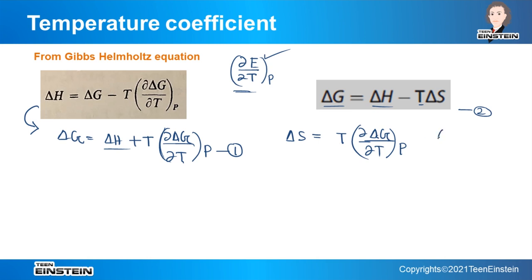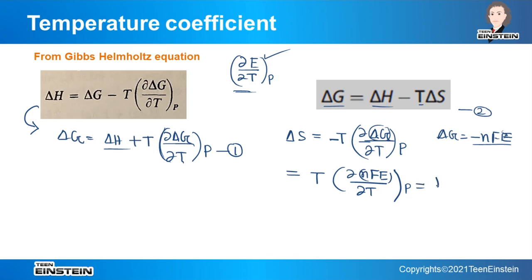Now we will put del G equal to minus nFE. Sorry, there will be a negative sign. So in place of del G we will write minus nFE, and the minus and this minus will cancel. So ultimately we will get del nFE by del T. Now n and F are constant, so they will come out of this derivative.